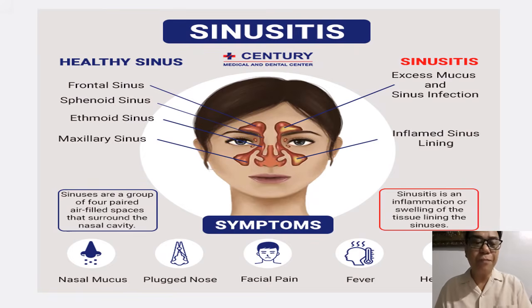We could also give some nasal decongestants like Dimetap, Sudafed, and other nasal decongestants that we can buy over the counter. Usually, if you're going to use Dimetap, Sudafed, it is used up to 72 hours, or 3 days.